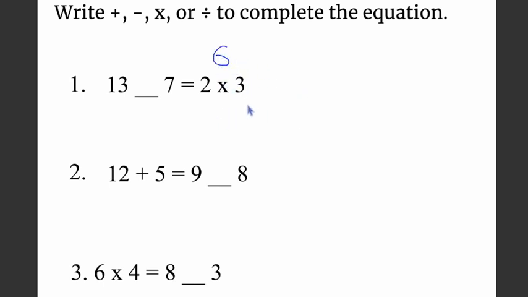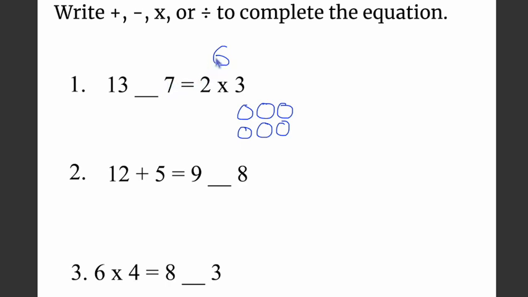If you don't know, you can start grouping. So 2 times 3, you can draw 2 groups of 3 counters and count the number of counters. That'll give you 6.